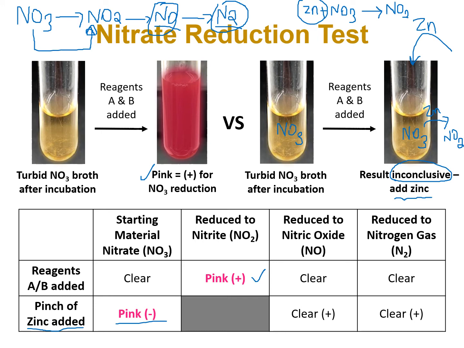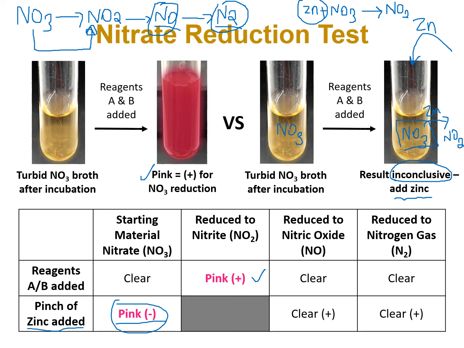So you're going to get this pink color right here. Why are you getting pink color? Well, that means that there was still some nitrate in the test tube. And because there was still nitrate in the test tube, zinc was able to reduce it to nitrite. And that's why you get this pink color.